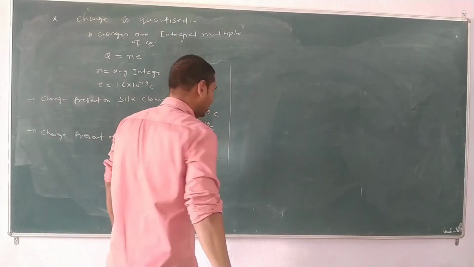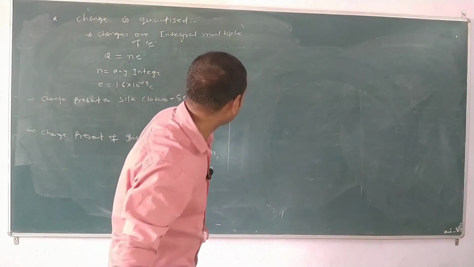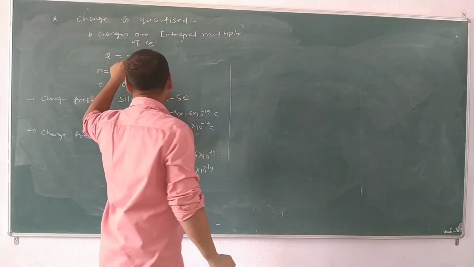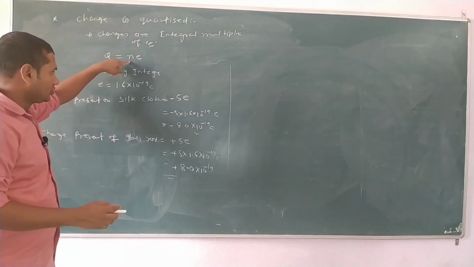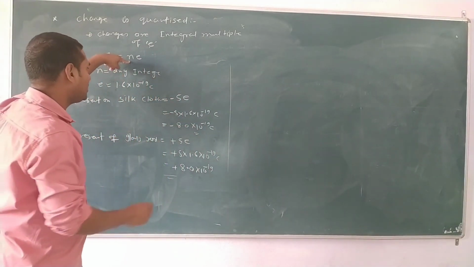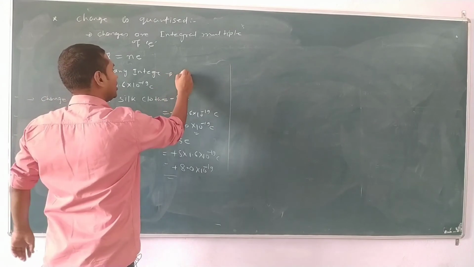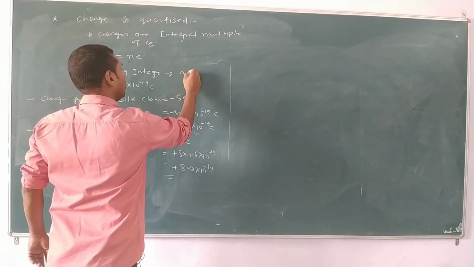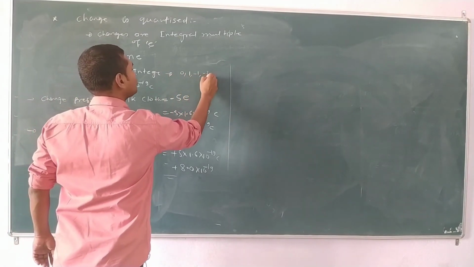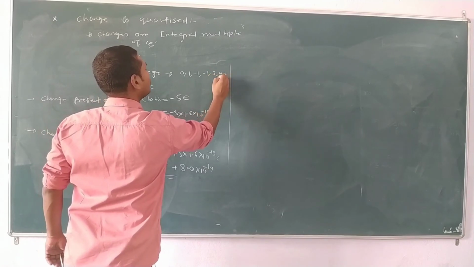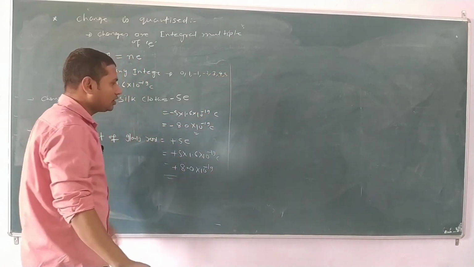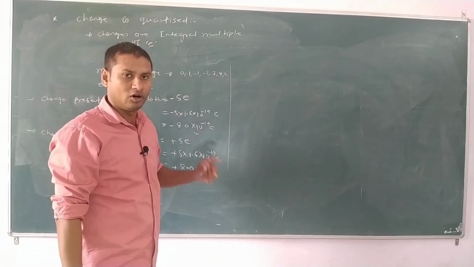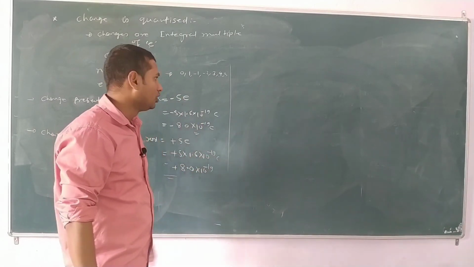Here n is any integer, which means you can write 0, 1, minus 2, 3, 4, whatever it is, but the values are integers, not fractions or decimals.